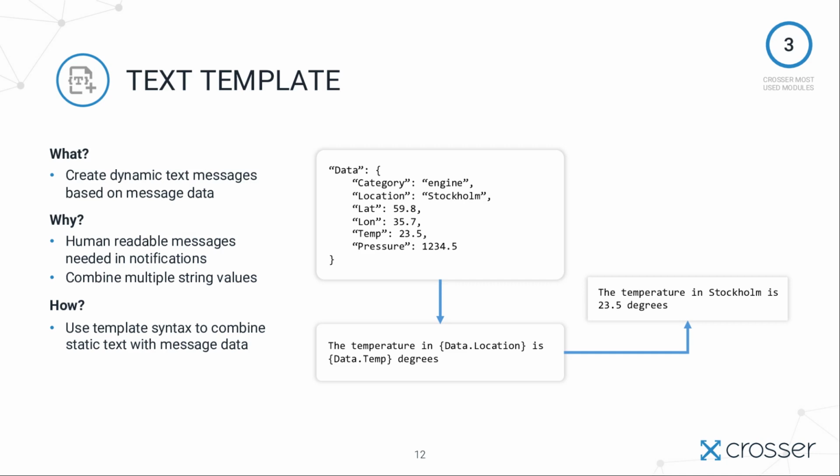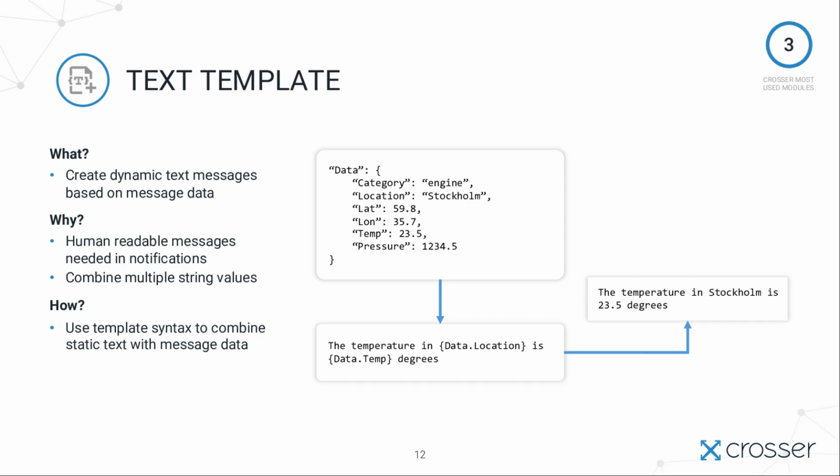One is because a very common scenario is that you want to create notifications. You have defined some condition that you want to monitor, and when that condition triggers, you want to send a message to someone to inform them that something has happened, and you want that message to be a human readable message. You want to create some kind of text message, and then this is a perfect module for that.